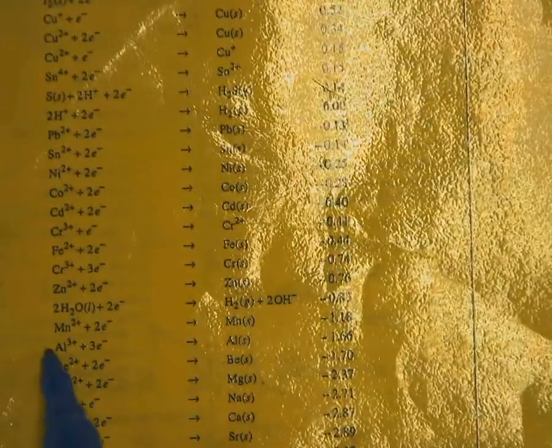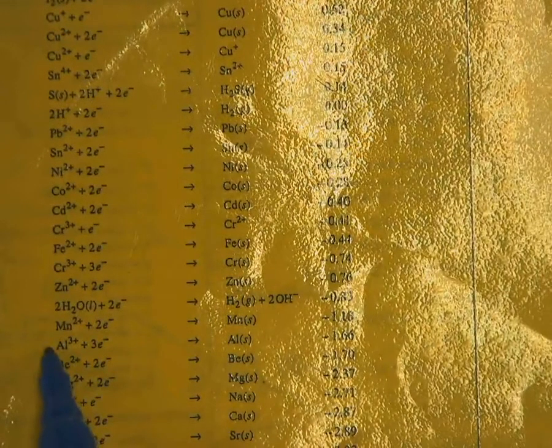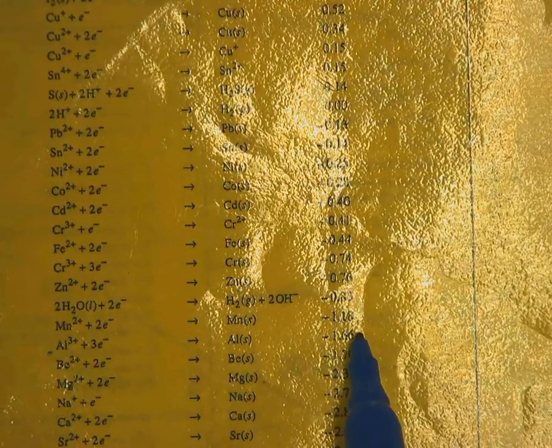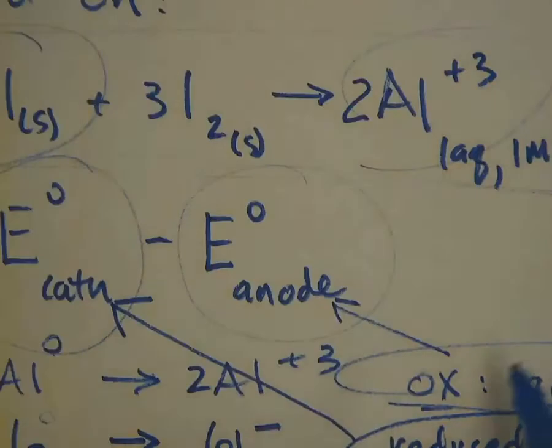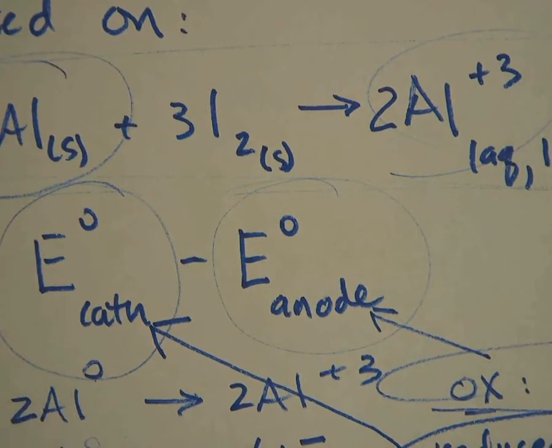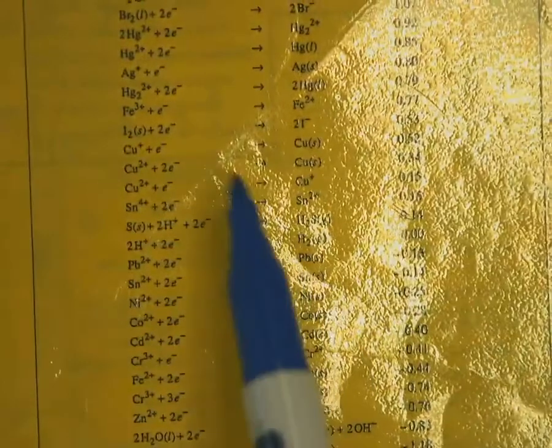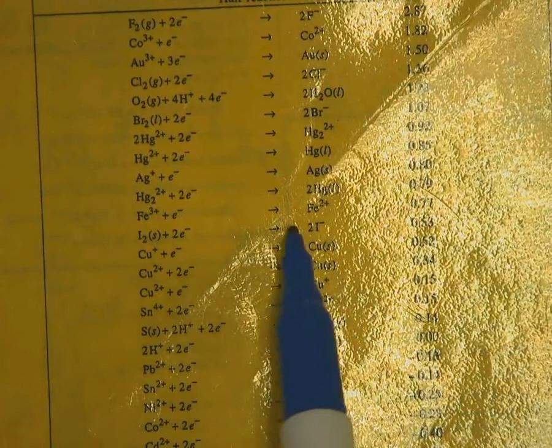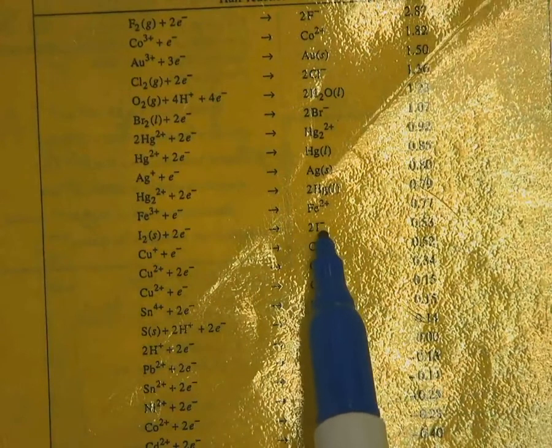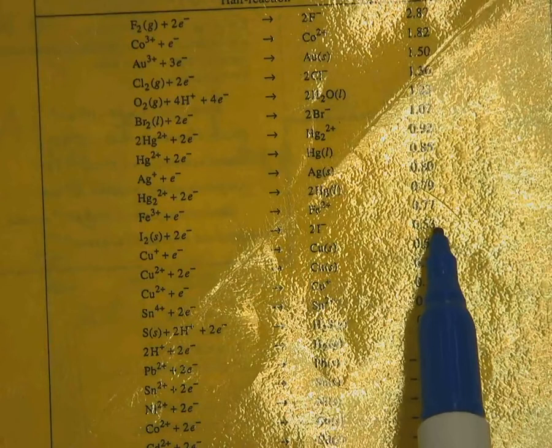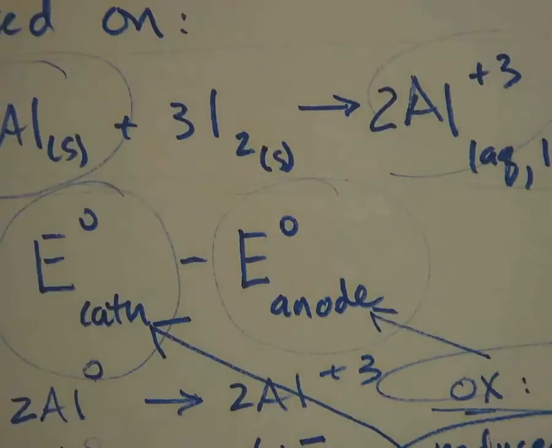Aluminum is right down here, and it goes from Al plus 3 to Al solid, just what we want, negative 1.66. Iodine is right up here, and it goes from I2 to 2I minus, and it's positive 0.54 volts.